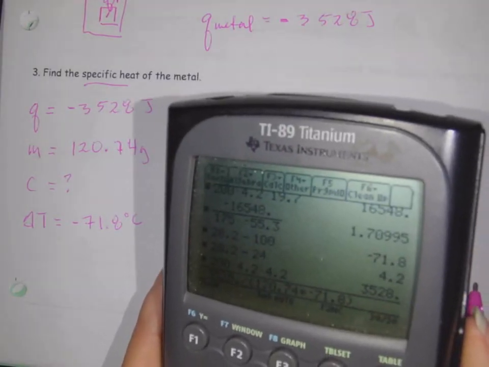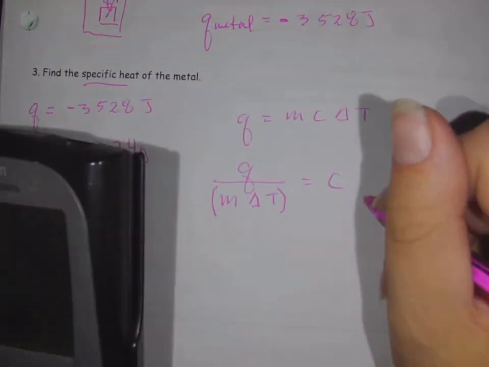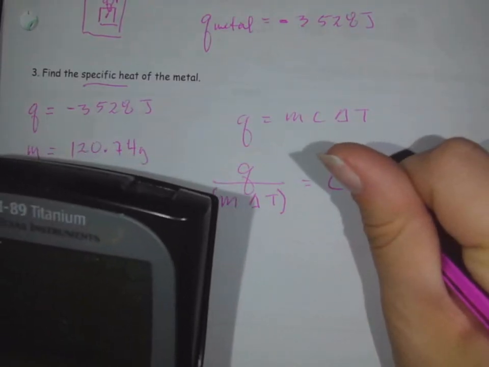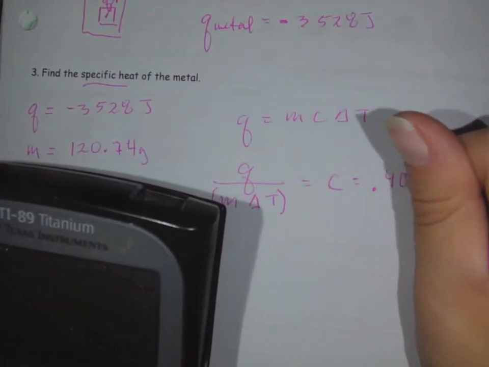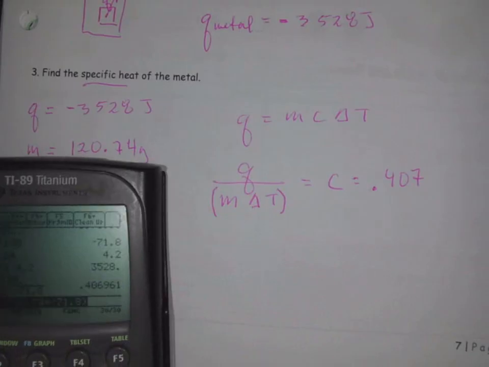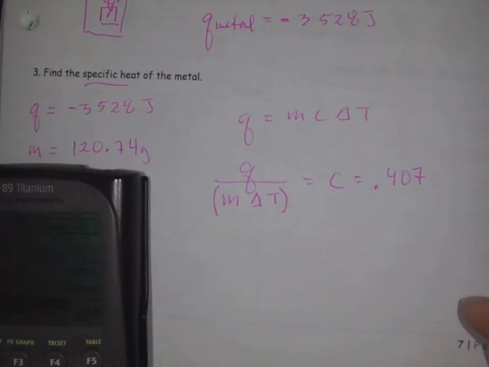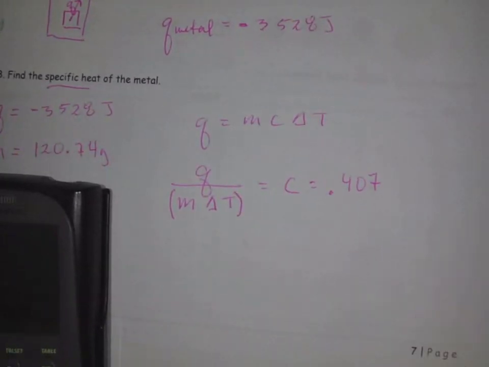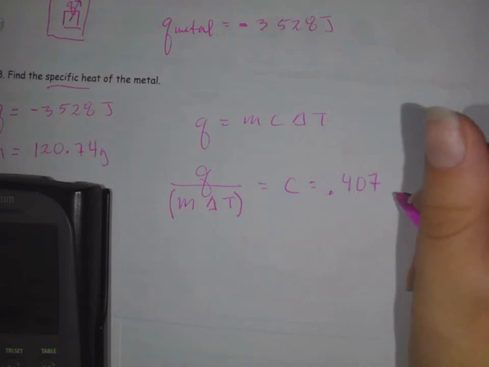Those double negatives should always cancel to give you a positive value, and I'm getting a positive value of 0.407. For this lab, we're not going to look at sig figs because there's a lot of adding and subtracting, so it's hard to keep track, and instead I'm going to just ask that you give me 3 digits after the decimal, and so we're going to have 0.407.